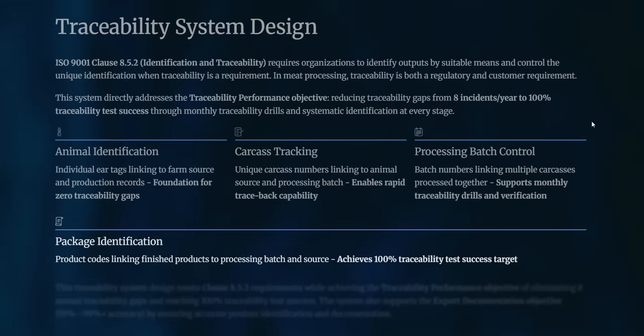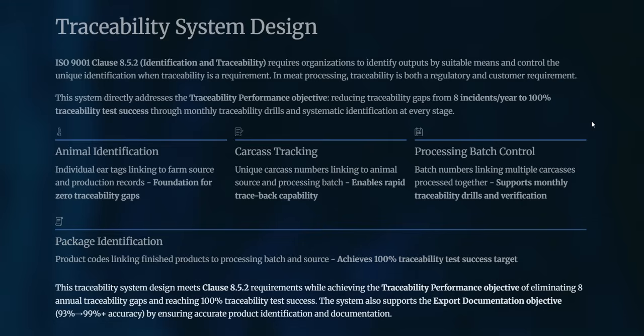Fourthly, packing identification. You have to include here a product code that must link finished product to processing batch and sources, and this will achieve the 100% traceability target.